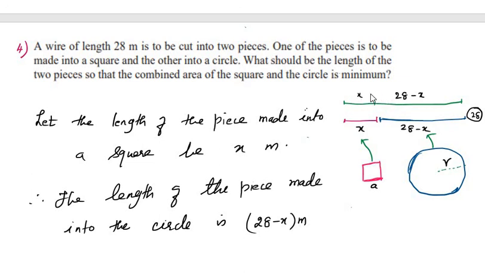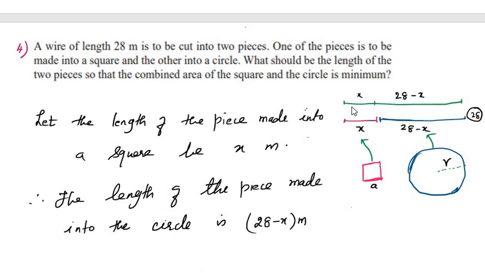Therefore, we must bother only about the length of the wire. Understood? Therefore, this is the square which is made by the first piece. This is the circle which is made by the second piece. Understood? See, what must be our assumption? We have to find the length of the two pieces. No? Therefore, I am assuming, let the length of the piece made into a square be what?